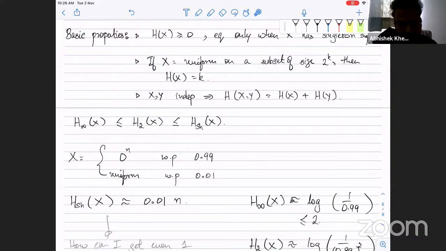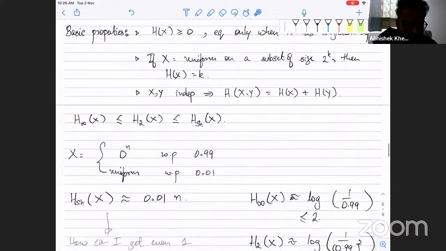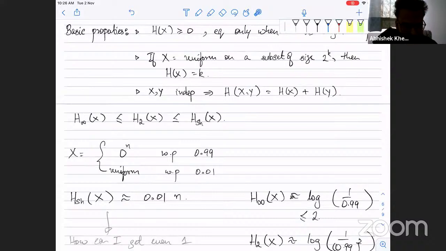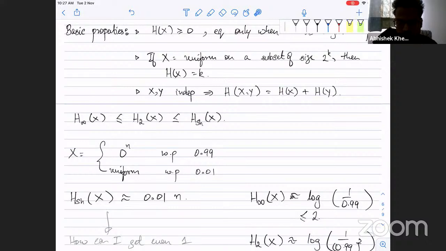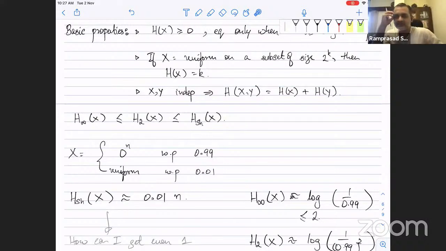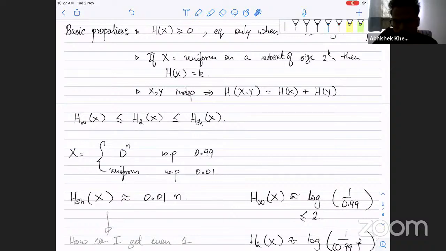That could be one explanation: suppose you want to produce one bit, then you're certainly decreasing the entropy. If you were close to uniform, you would have at least some entropy, like log 2, which is one bit. But you start with 0.01 n, so yes.